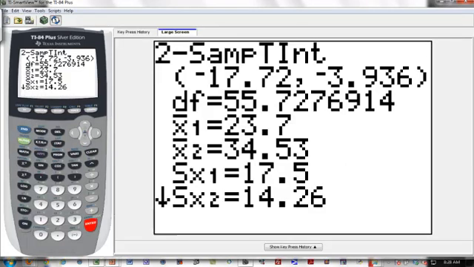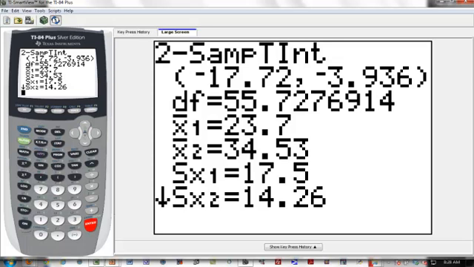All right. So there we have it. There's our confidence interval. We believe with 90% confidence that the true difference between the diameters of these trees is between negative 17.7 and negative 3.9. Now what does that mean to us? Okay, this is always 1 minus 2.